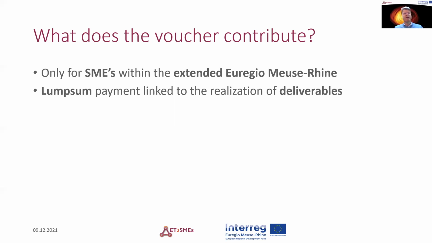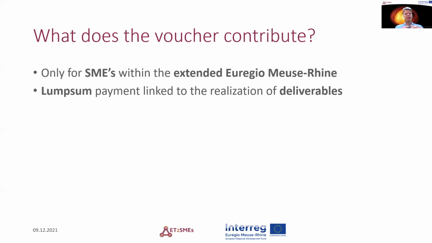They can be partner and they can profit from possibilities that this innovation project can offer, but only the SMEs located in the extended region Mees-Rijn can actually profit from the financial incentive that this voucher scheme is to offer.